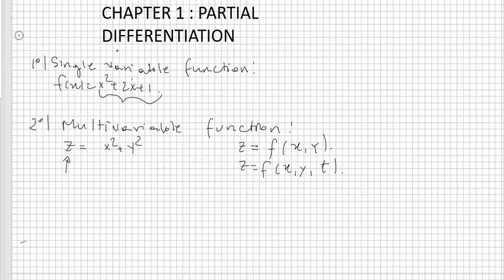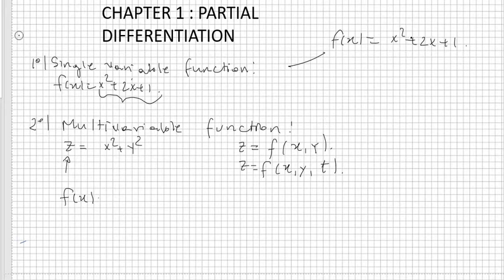Okay, let's go to a single variable function. Let's consider, for instance, this function here, f of x is equal to x squared plus 2x plus 1. In this function we can't apply partial differential calculus.